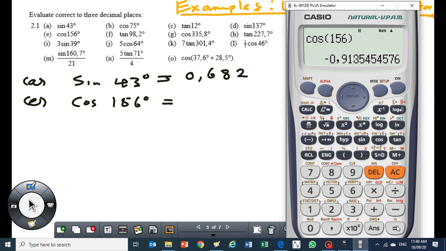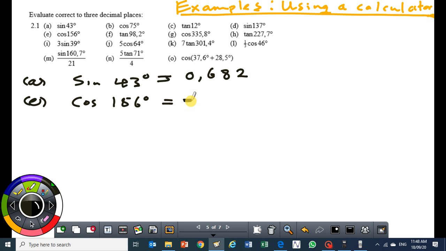You round off to 3 decimal places. It will be negative 0.914. That's very straightforward. You don't need to stress about that.